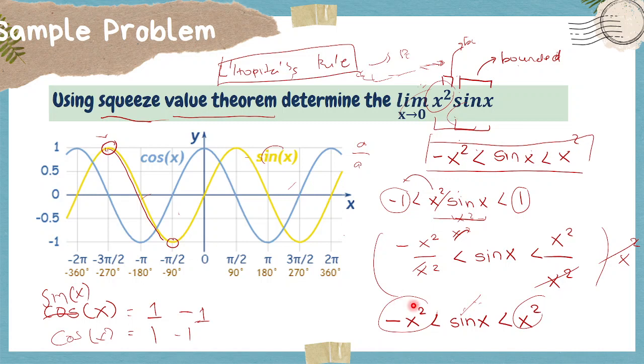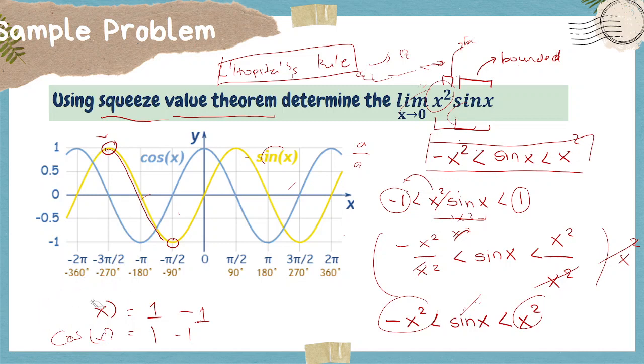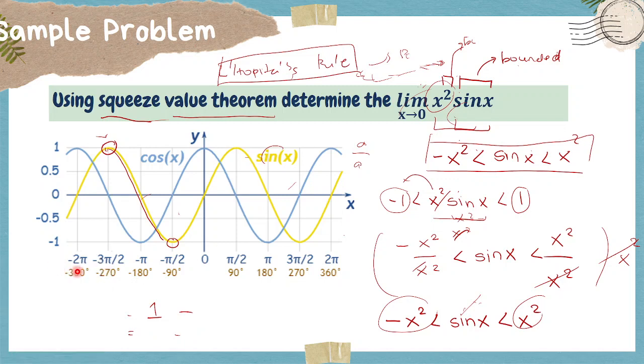Okay. So, I'll repeat. Basically, we need to write its maximum and minimum value. The maximum and minimum value of this sin x is 1 and negative 1. Ngayon, gusto ko matira lang sa sides.